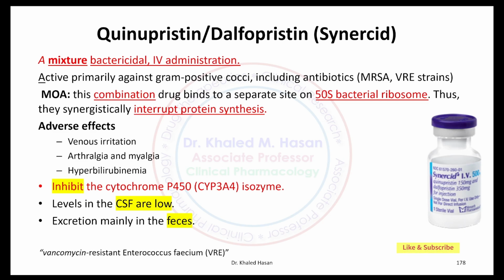This medication is considered active against gram-positive cocci, including strains resistant to antibiotics such as MRSA and VRE. The combination binds to the 50S ribosomal subunit and inhibits protein synthesis.